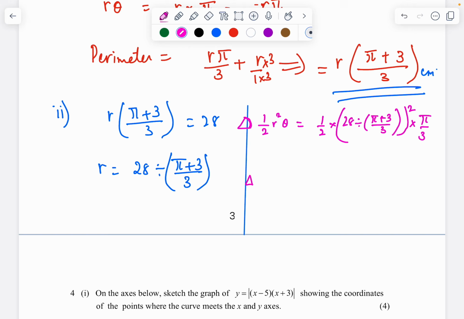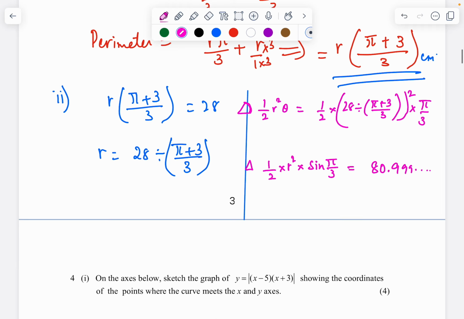Area of the triangle is going to be half, again r squared times sine pi by 3, because the formula is half bc sine A. So this gives me 80.999 and so on, right? And if I use this one in the calculator, this gives me 97.94.